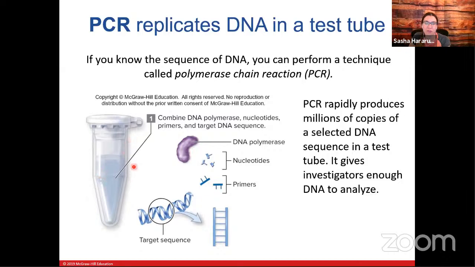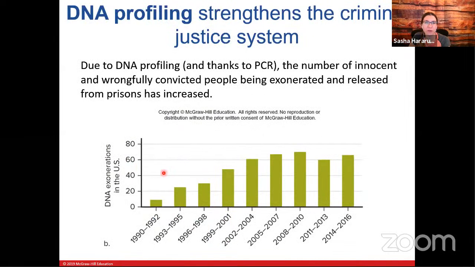So as I mentioned, this is often used in diagnosis of infections. It also is used in the criminal justice system. And in fact, it's been so useful that over time, as this PCR technology has become widely available, the DNA exonerations in the U.S. have risen substantially.